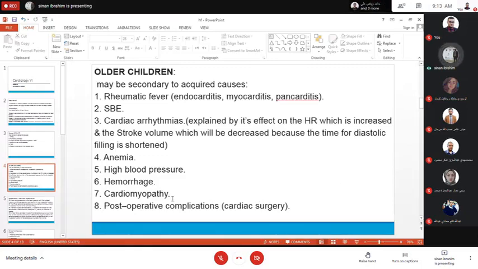While cardiomyopathy is common at this age, it may have many causes. Maybe drugs cause it, maybe infection, or maybe idiopathic, and the infectious causes are usually viral.